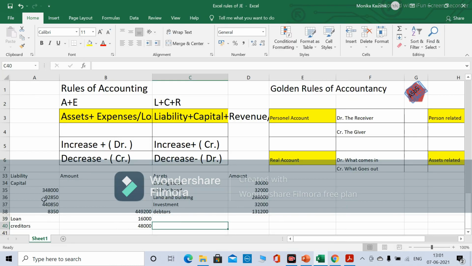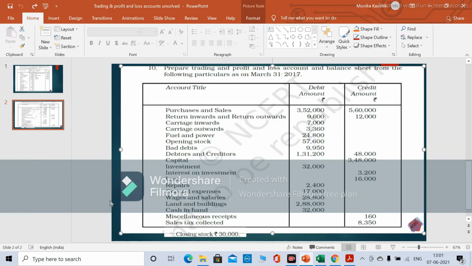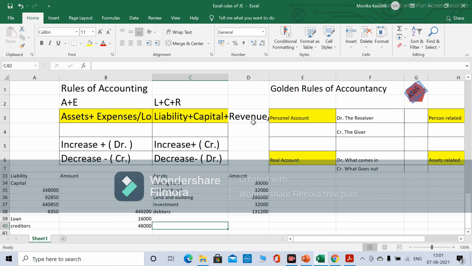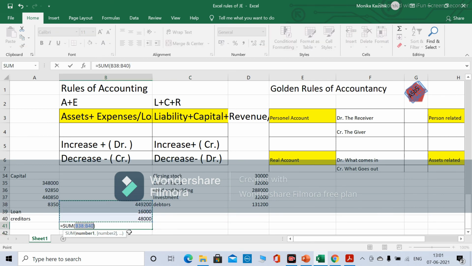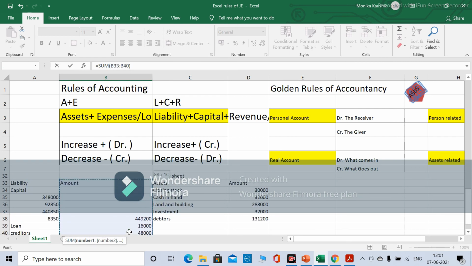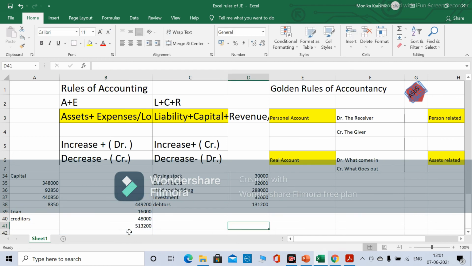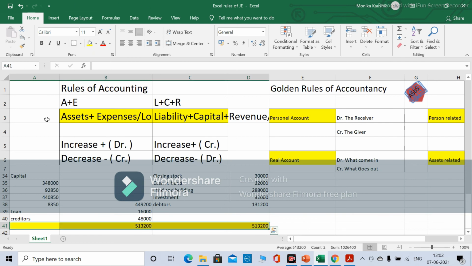Capital 3,48,000 plus net profit plus this sales tax collected. Debtors, creditors done. Okay, so let's calculate the total. Our total is matching, so the balance sheet is matched.